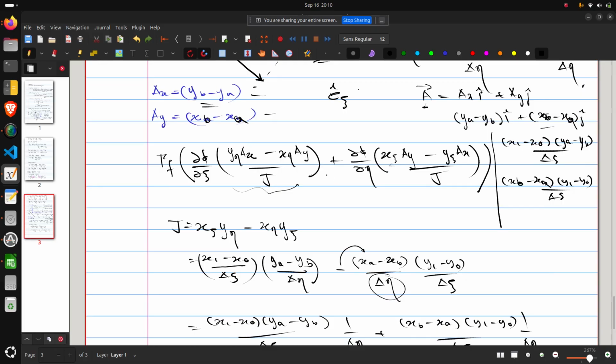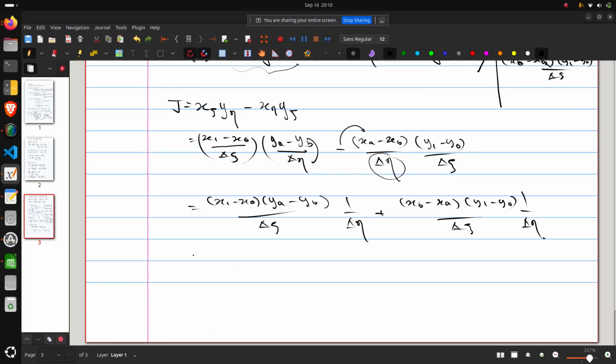And this gives us what? If we just take the 1 by delta eta outside, it will be nothing but the dot product of E cap psi times the area vector, right? So the Jacobian is something like this. We can write the Jacobian in this form.